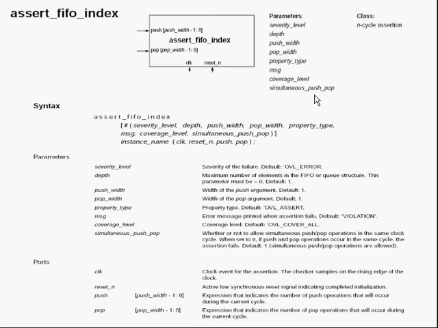An assertion checker checks the test expression at each rising edge of the clock to verify that the expression evaluates to a value that has even parity. Suppose you have a 4-bit value: how many ones are there?